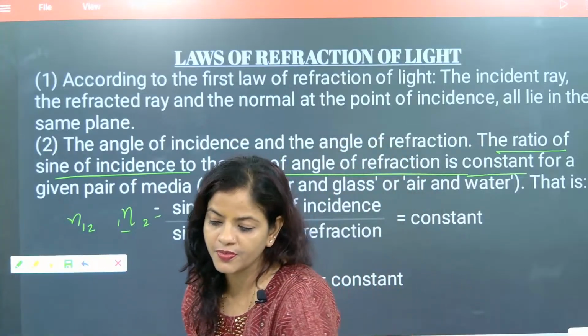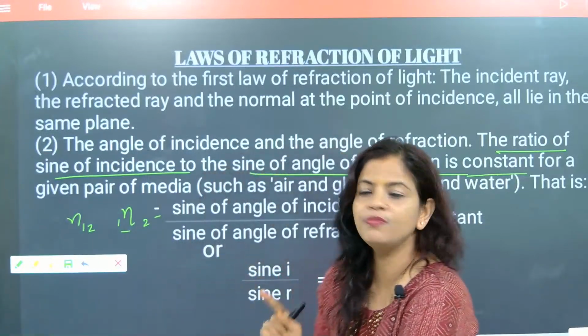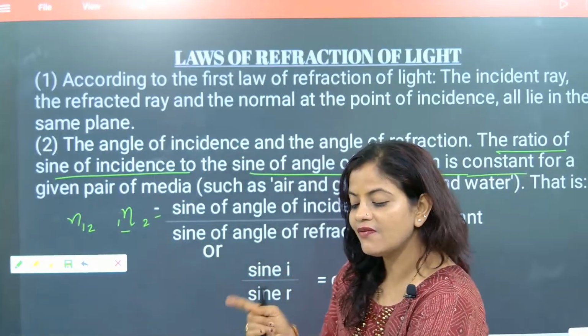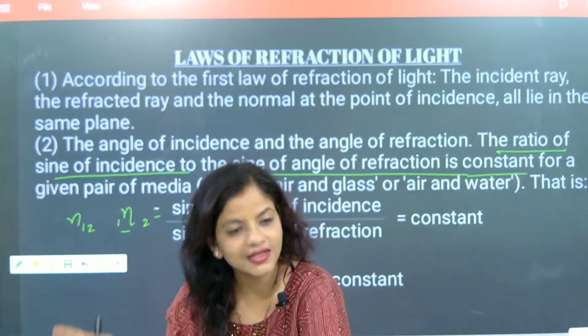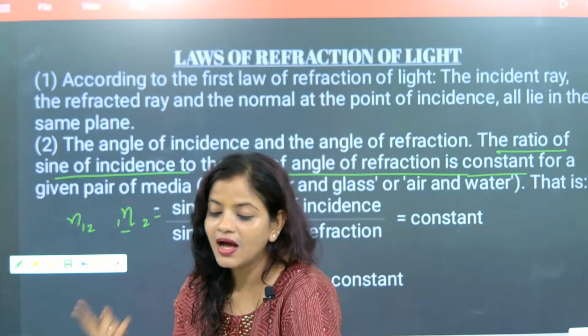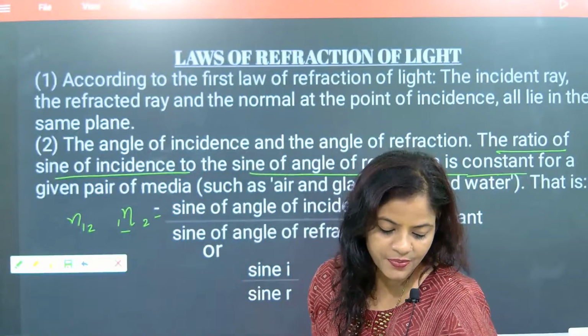Because it is representing two mediums, the light is traveling from one medium to the other medium. This is actually representing this.